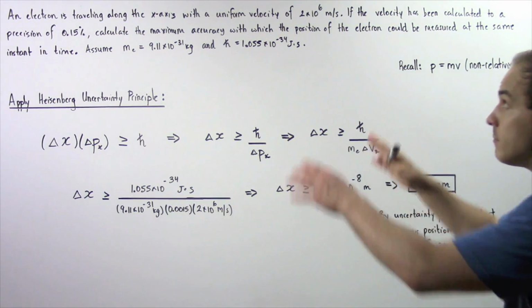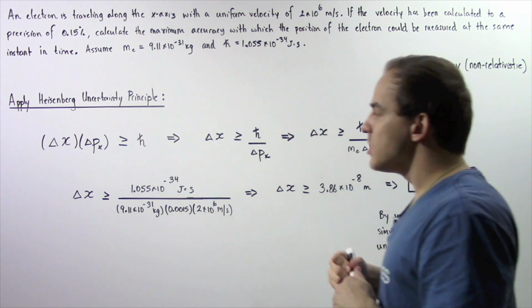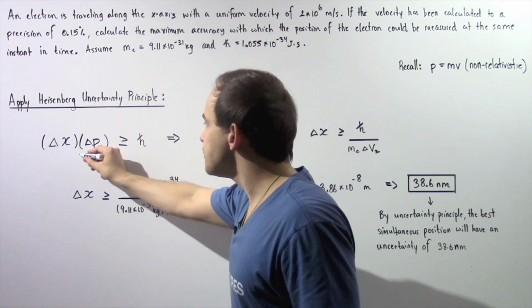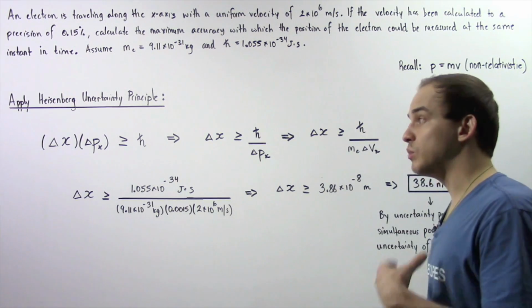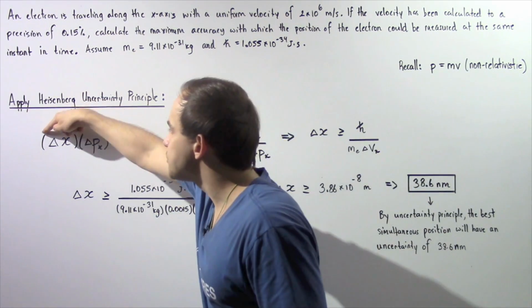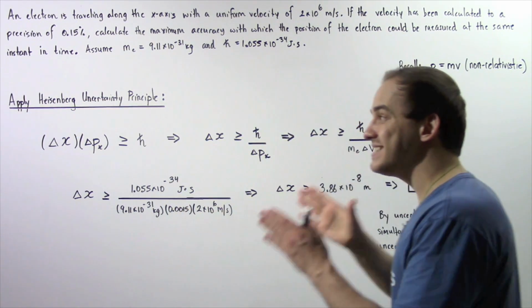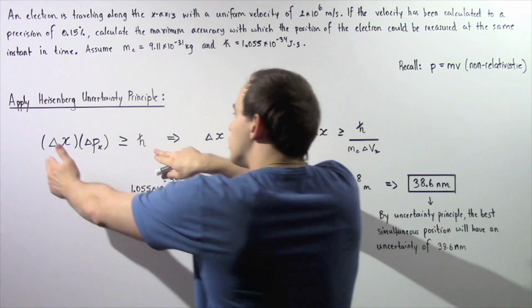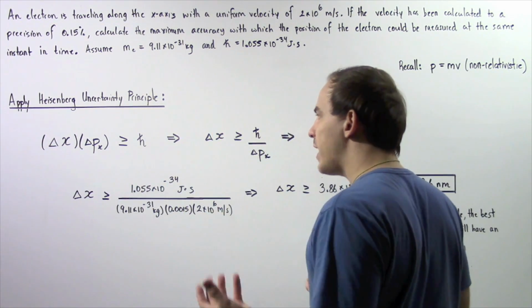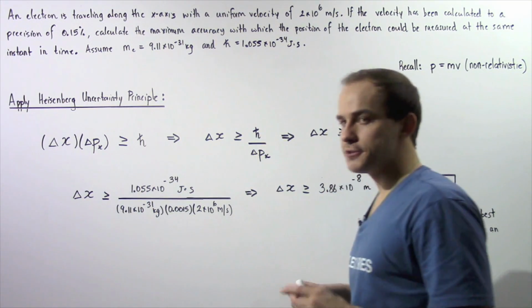From the information that we're given, we can calculate what the uncertainty in our momentum of that electron is. What we want to find is the uncertainty in our position of the electron, knowing this quantity. So let's take this equation, rearrange it, and solve for delta x.